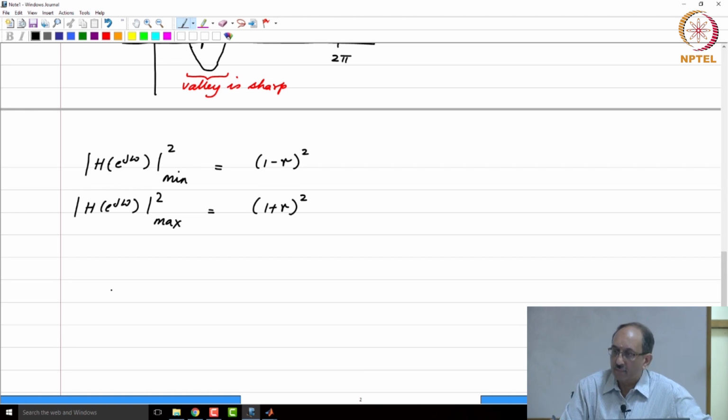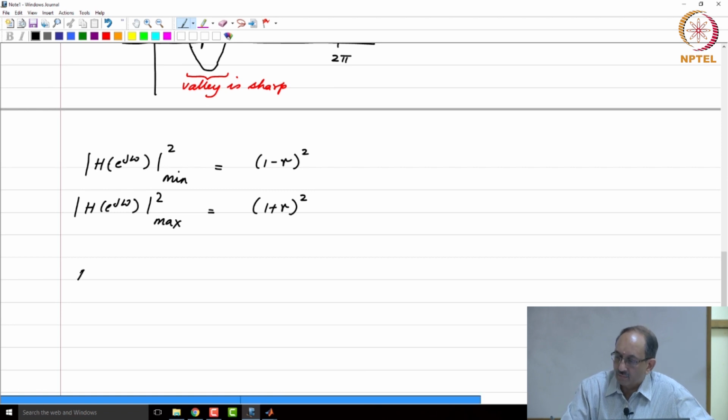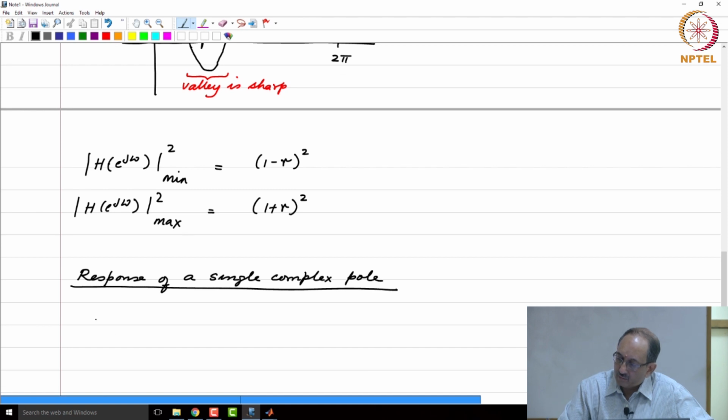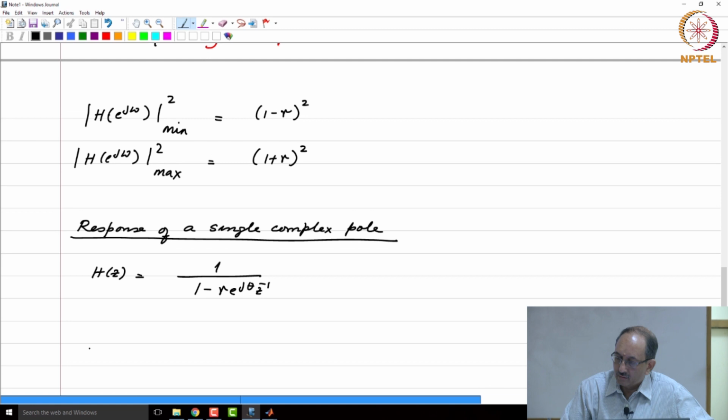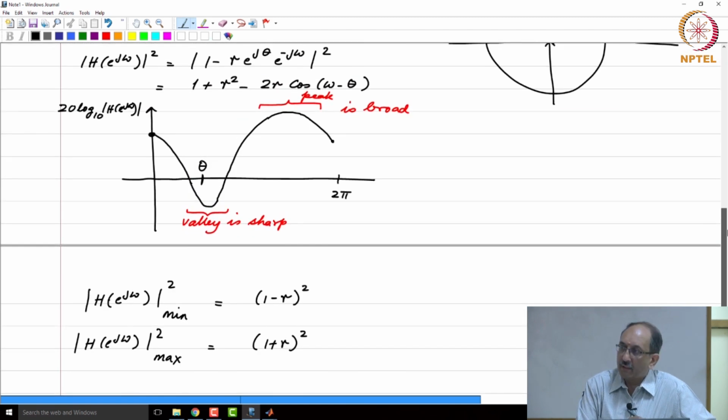Moment you have the response of a single complex 0, the response of a single complex pole is trivial. So now you have H of z to be 1 by 1 minus r e to the j theta z inverse, and the log magnitude plot of this will be just the negative of this.